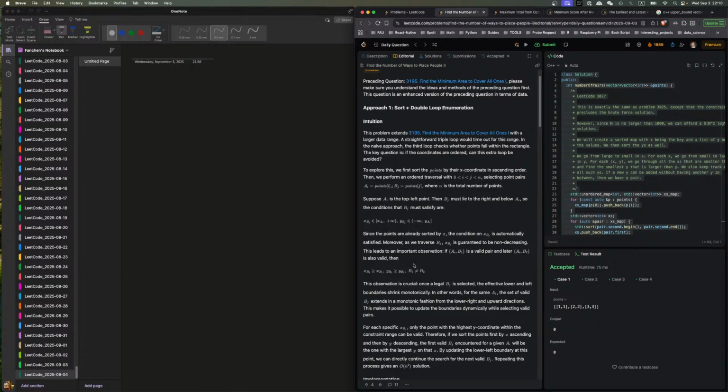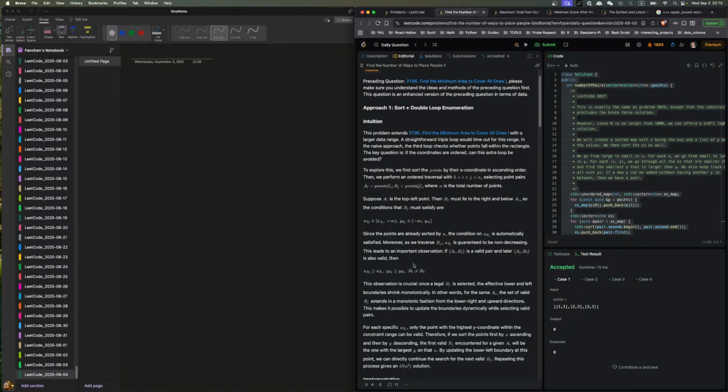Once a legal bj is selected, the effective lower and left boundaries shrink monotonically. Yes, once we find one, the boundary shrinks. In other words, for the same Ai, the set of valid bj extends in a monotonic fashion from the lower right and upward direction. Yes, this makes it possible to update the boundary dynamically while selecting valid pairs.